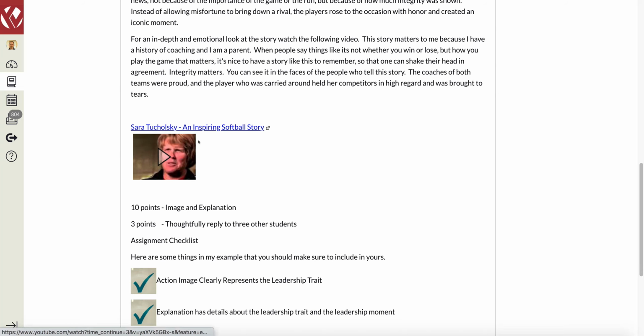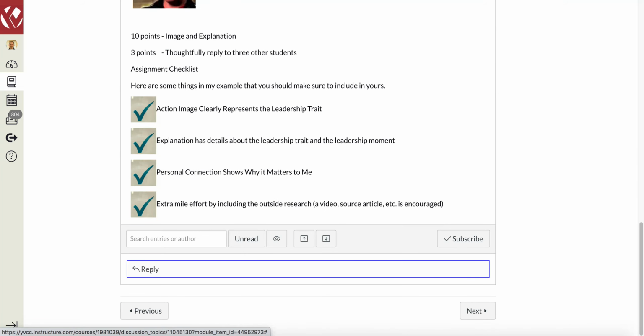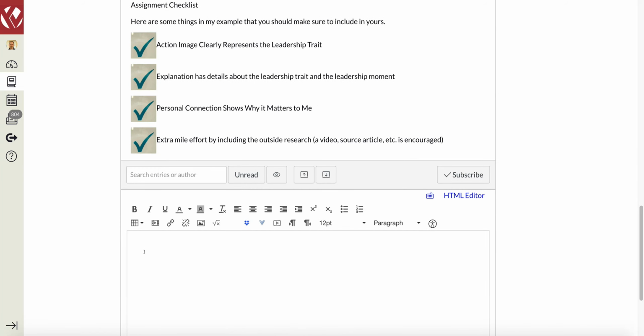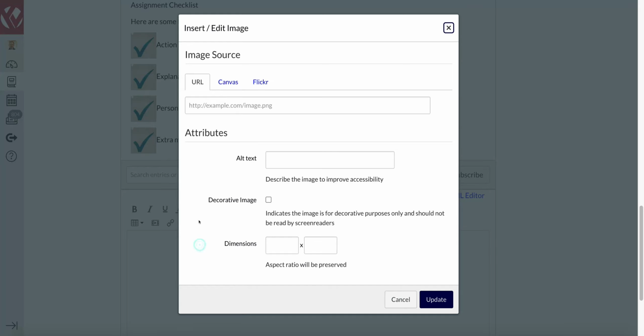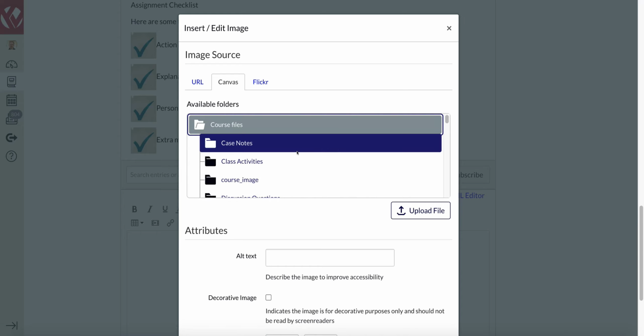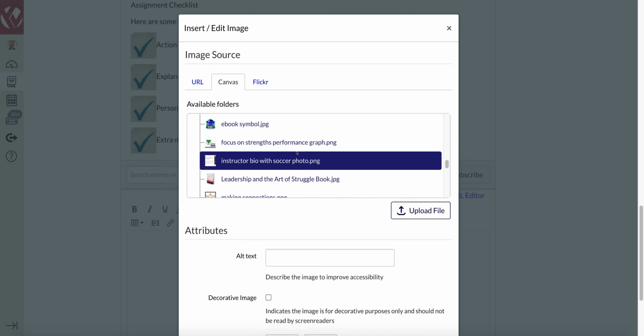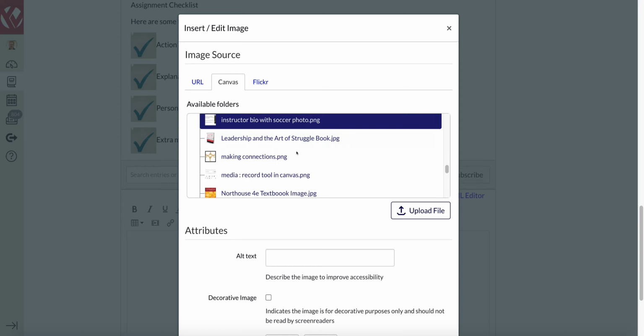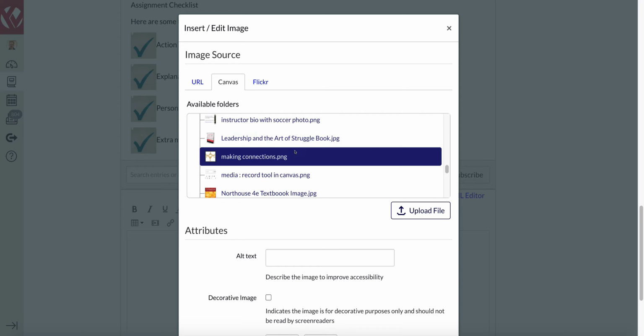Then when I'm doing my write-up, and this is where you write, there is a box here that says embed image. I will click on that, and then I will go to Canvas, and then I will go to course files, and then I can pick whatever image it is that I happen to want to include.